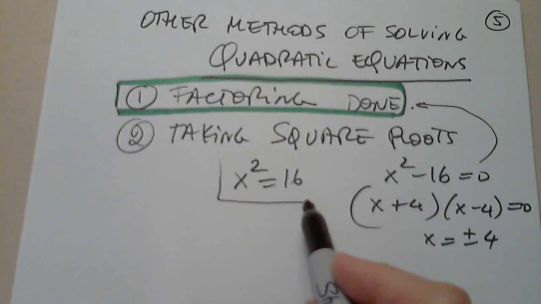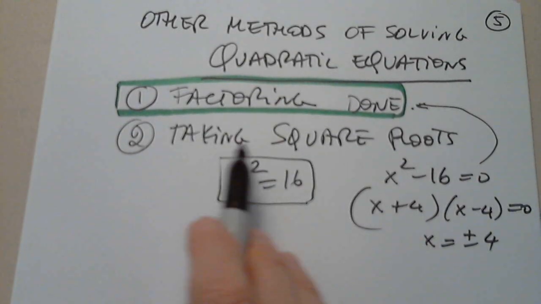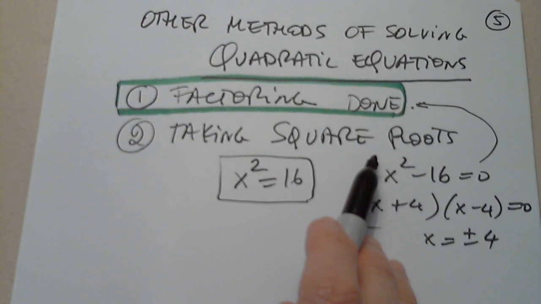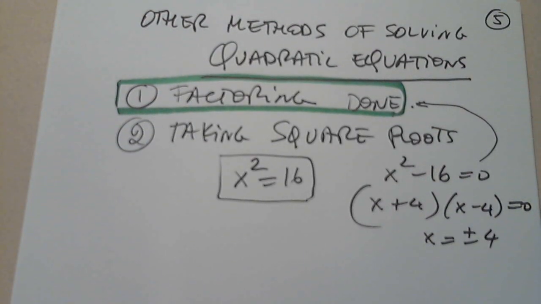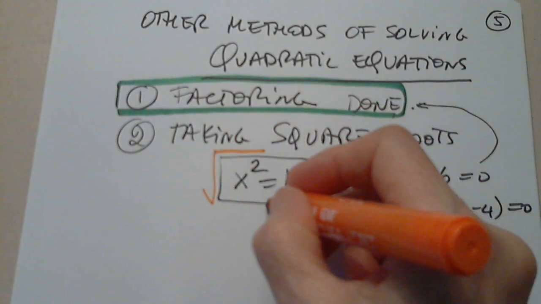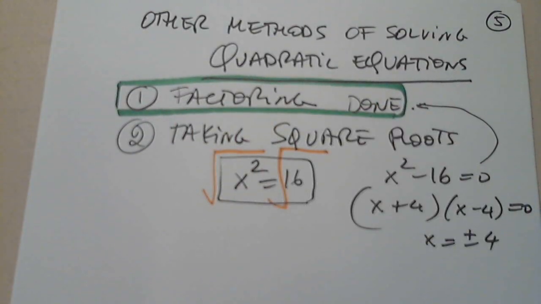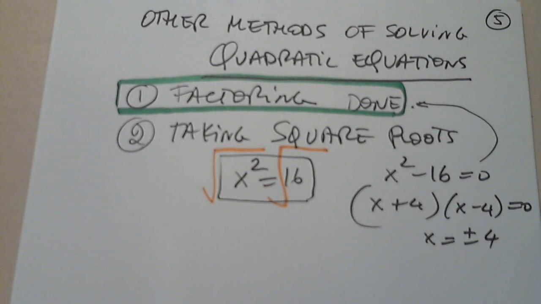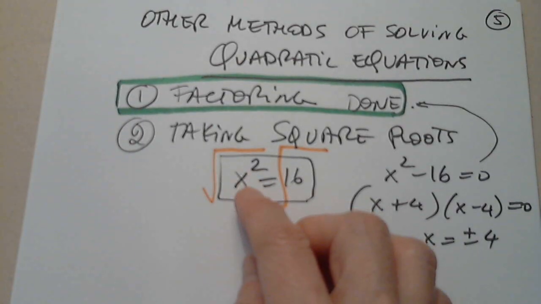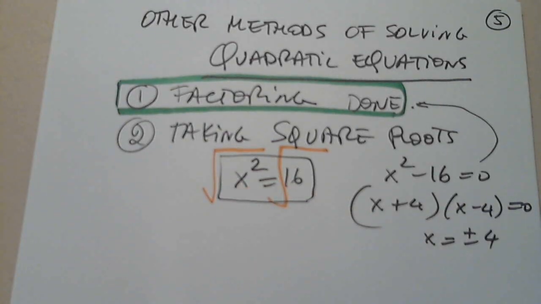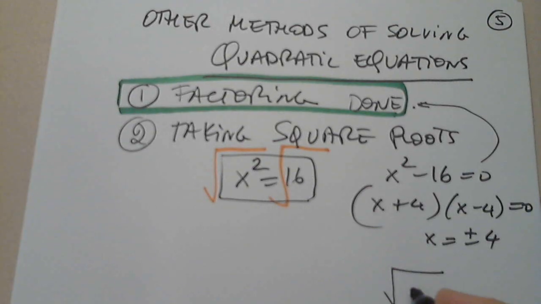This is the correct setup for taking square roots. What does that mean? It means that I will take the square root from the left-hand side and take the square root from the right-hand side. But remember, we are not told anything about x. So when I take the square root of x squared, what do I get? We even talked about this today.